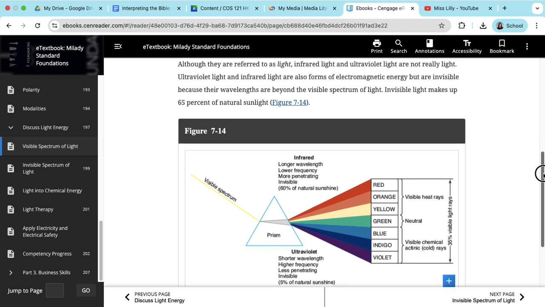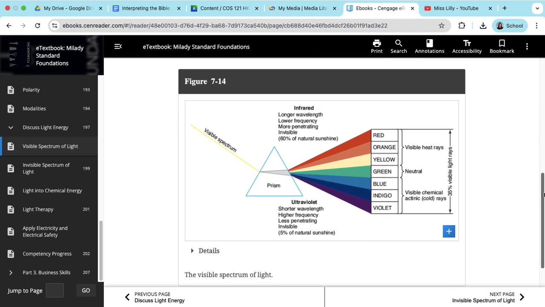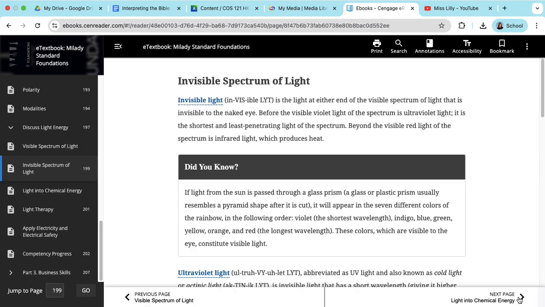Here we have the picture of the visible spectrum of light divided into infrared and ultraviolet. The invisible light is the light at either end of the visible spectrum and is invisible to the naked eye.